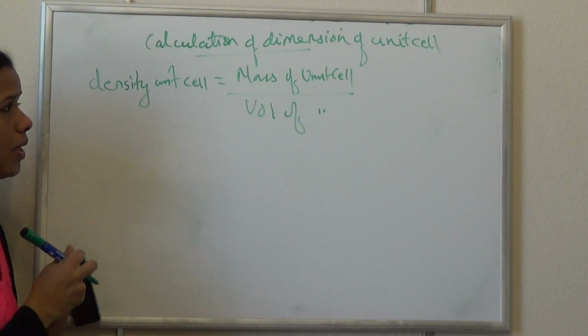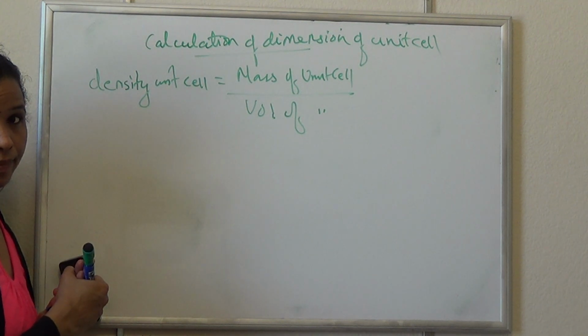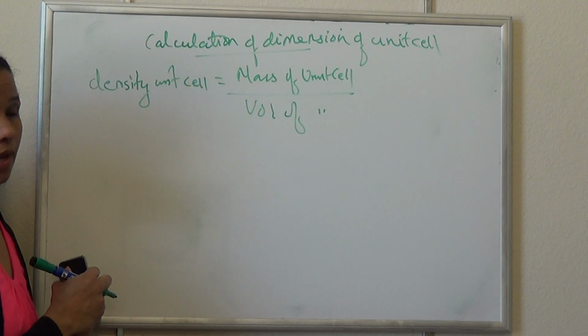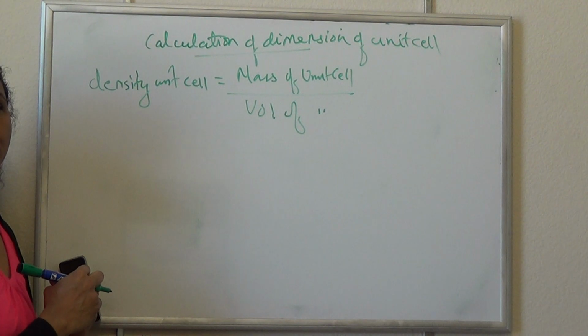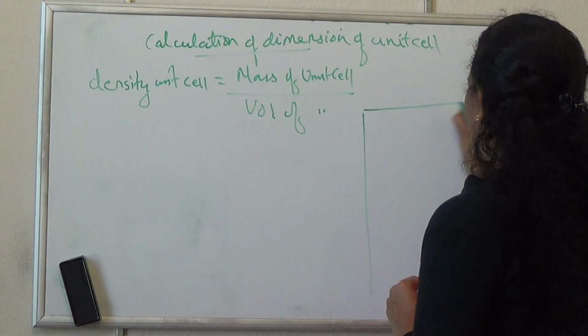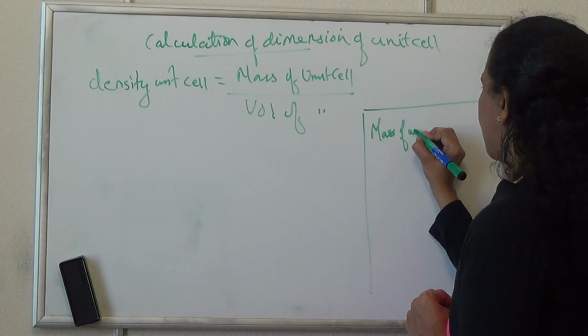Then how do you find the mass of the unit cell? We know how to calculate the Z, the effective number of atoms of the unit cell. Then by knowing the atomic mass of the atom, we can find the total mass of the unit cell. So how will you find the mass of an atom?